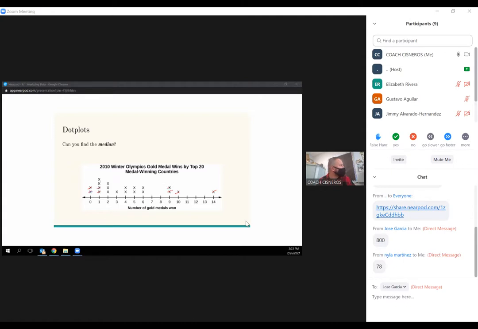I'm eliminating 1 from each side so I can try to find the middle number, eliminating 1 from each side until I get into the middle. So what does my median have to be here? 3.5. Okay, it has to be 3.5. It's pretty easy to find the median there, but you can do it.